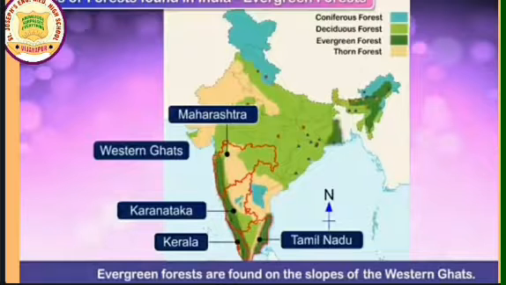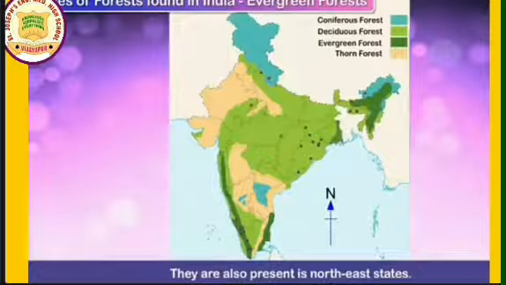Evergreen forests are found on the slopes of the Western Ghats in Maharashtra, Karnataka, Kerala, Tamil Nadu. In these states we find the evergreen forest. They are also present in northeastern states of India.